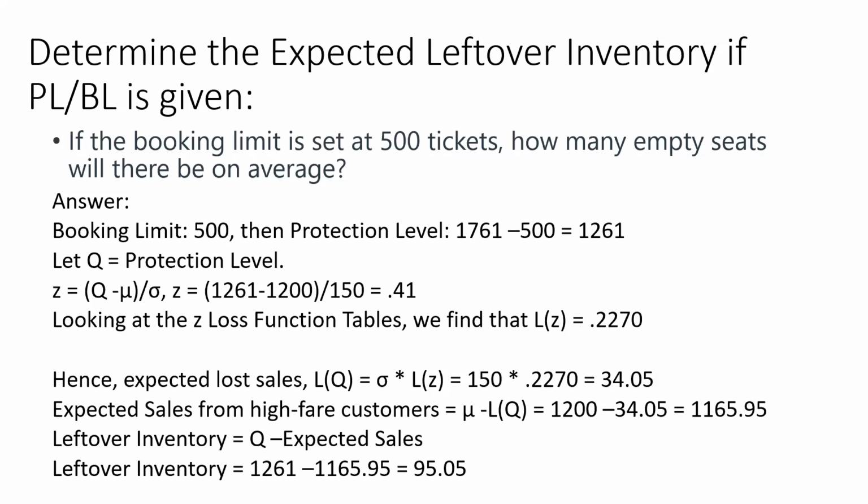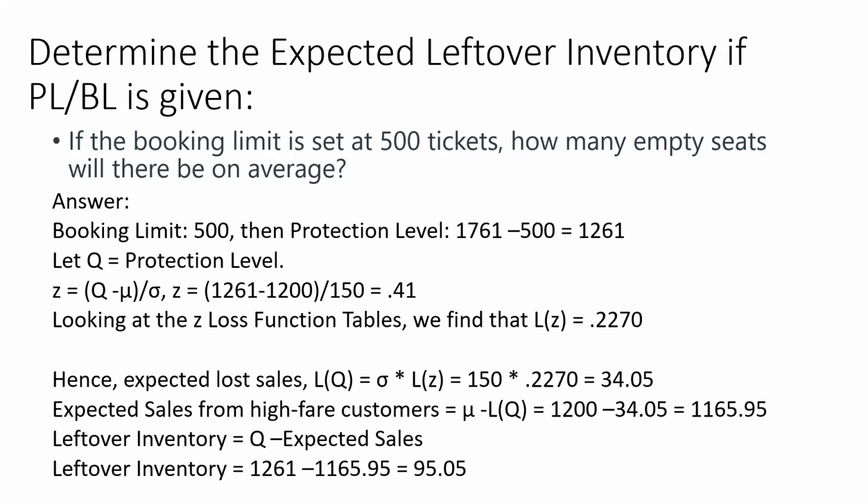Then your Q, or protection level, is your capacity 1761 minus 500, which is 1261. So you standardize the Z value with Z equal to (Q minus mu) divided by sigma. I got 0.41, and then you still need lost sales. So L of Z comes from the standard normal loss function table. We find L of Z equal to 0.2270.